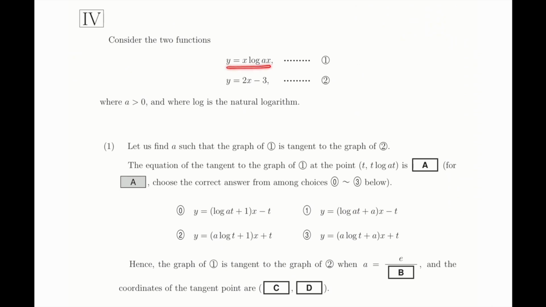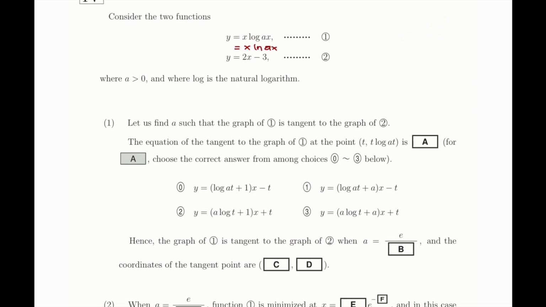So our first equation is y equals x ln ax. And then let us find a. Our objective or our goal is to find a such that the graph of 1 is tangent to the graph of 2.